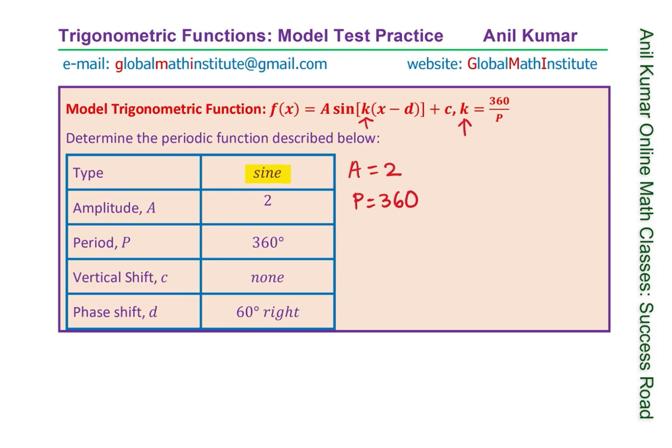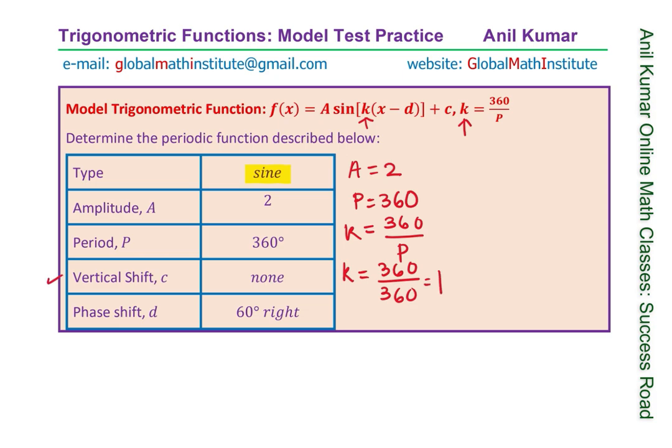Well, K is kind of frequency, number of waves in 360, okay? And the formula for K is 360 divided by P, and in this case, since P is also 360, K is 1.